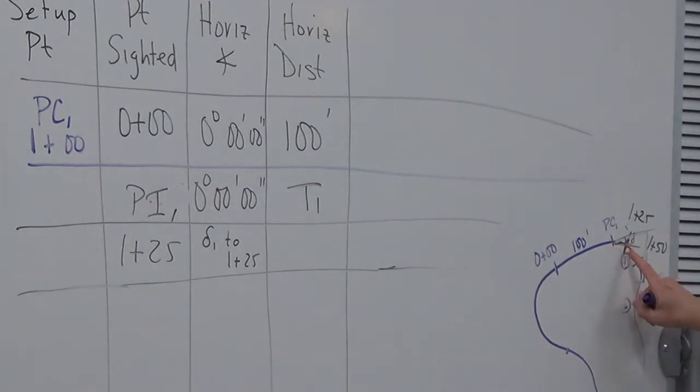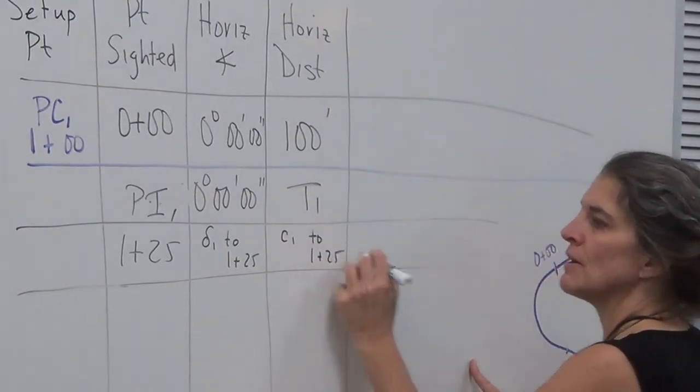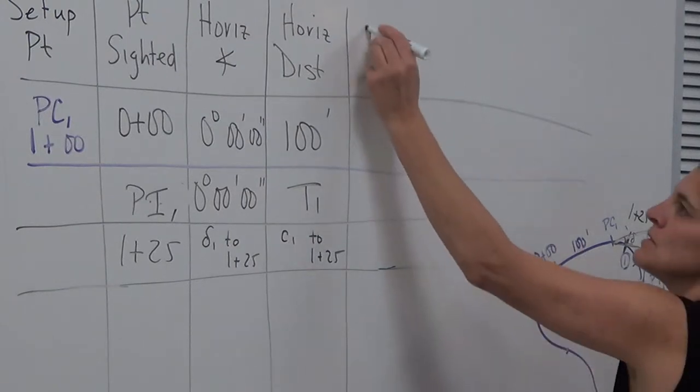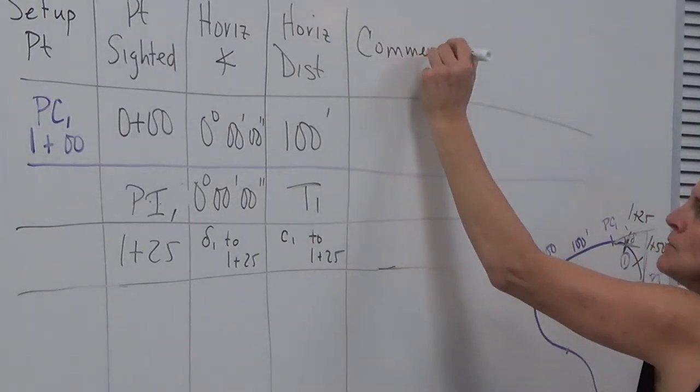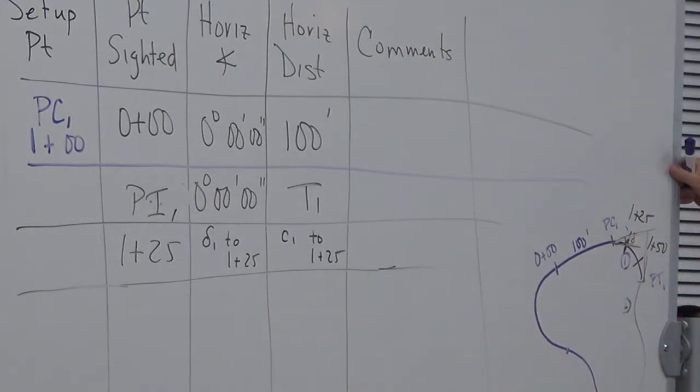No, because the 25 feet is the curve length. You want the chord, whatever the chord length is to the 1 plus 25. And then I probably would have a comments column just to write some stuff down, and I don't know what I would want to write yet.